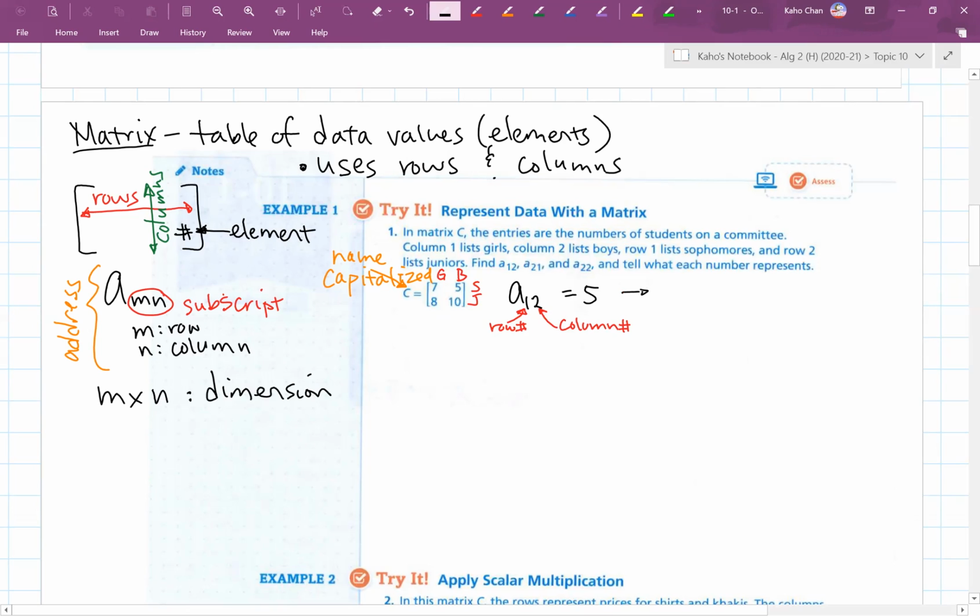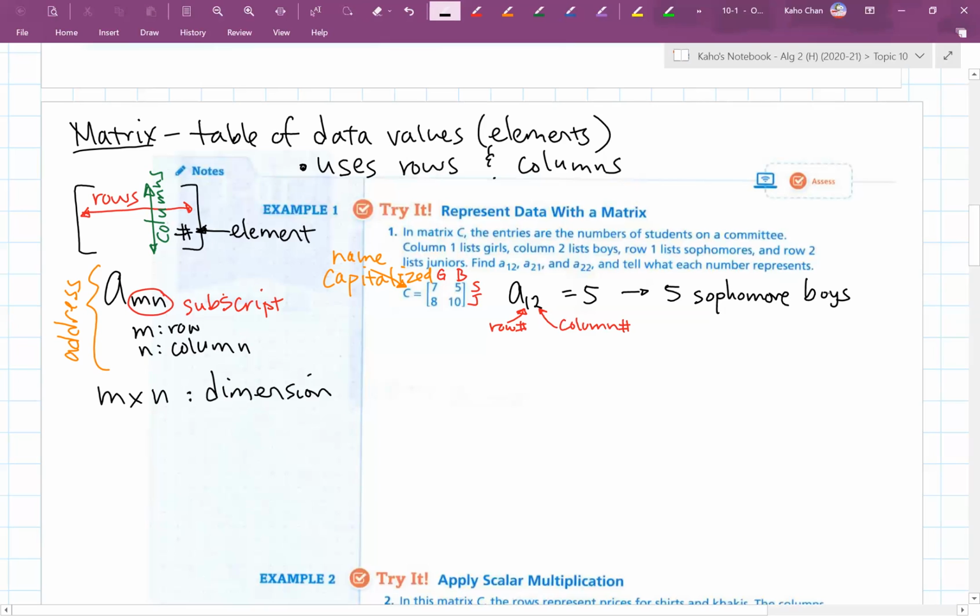Literally meaning 5 sophomore boys. A lot of times you can manipulate data that's in a matrix with spreadsheets. Portions of your computer programs have these, of course, when it comes to the actual programming language.